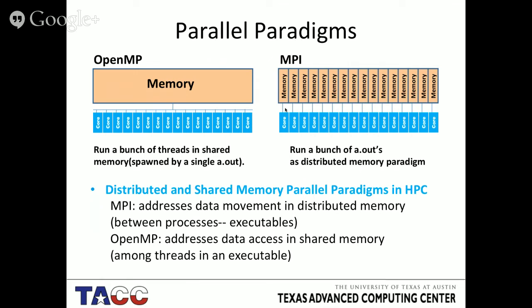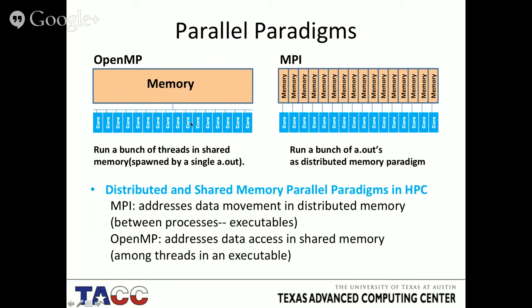If you ask for 32 tasks, it would run 16 on one node and 16 on the other, and they would communicate through the network between those two nodes. Within a particular node, it communicates through some nice efficient shortcuts using shared memory on the node. But in essence, each of those a.outs that get executed has its own memory space that it works in.